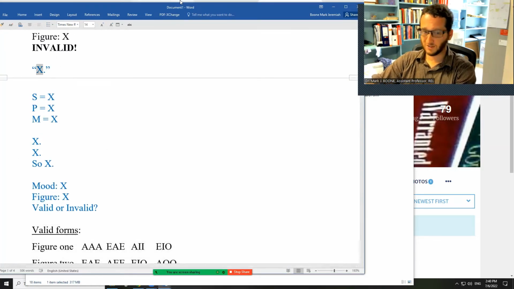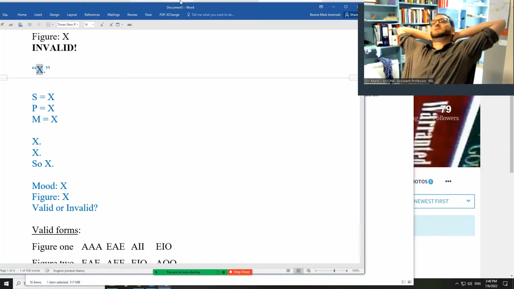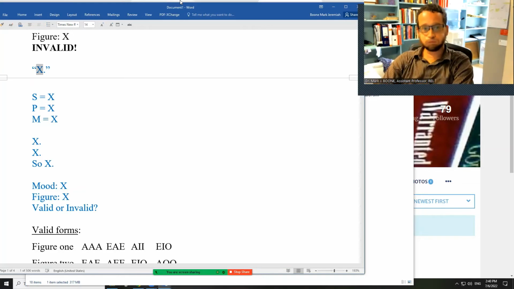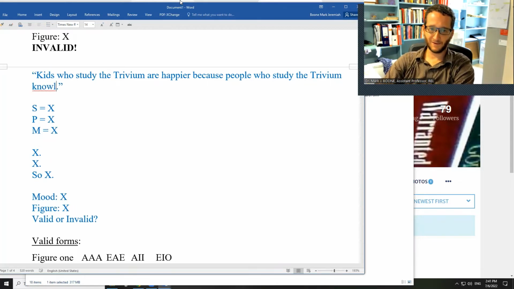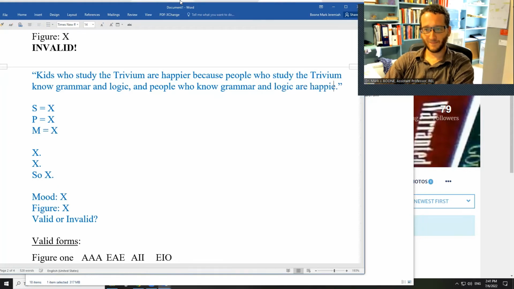All right, so now what's a good syllogism I can test for validity? All right, I think this will do.